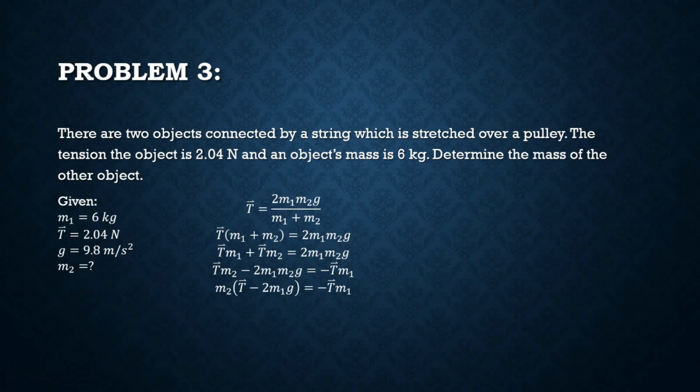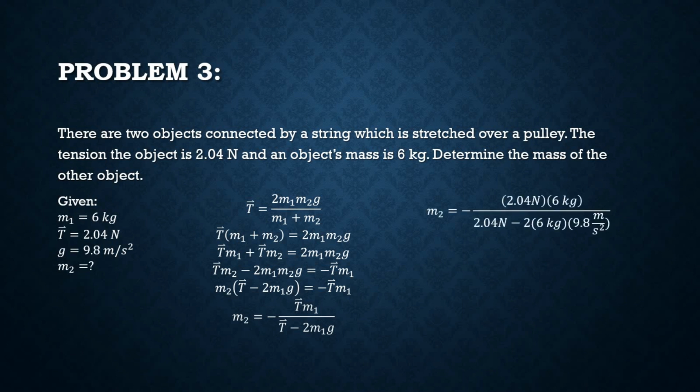So you divide both sides by this, and you get m sub 2 is equal to tension times mass sub 1 all over tension minus 2 m sub 1 times gravity.